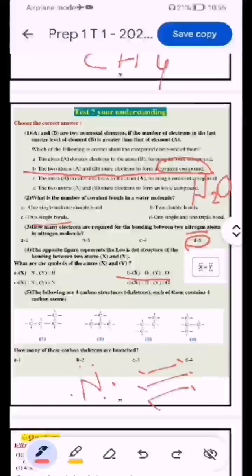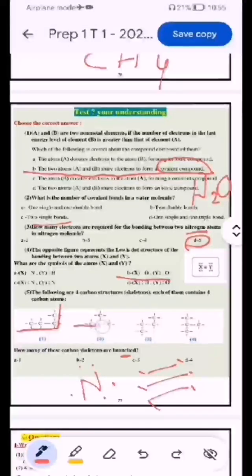also. Okay. Number 5, the following are 4 carbon structures or skeletons. Each of them contains 4 carbon atoms. How many of these carbon skeletons are branched? Branched means there is a cut in the line. Number 1, go through it, 1 line.